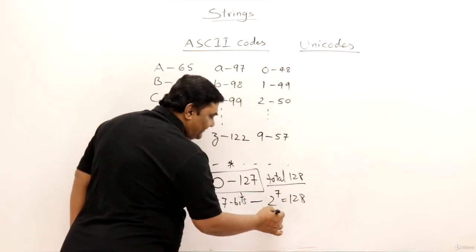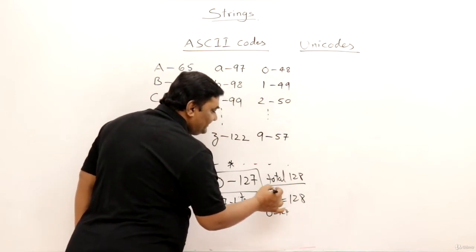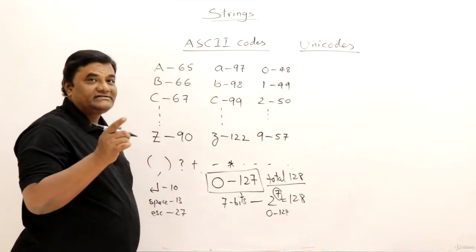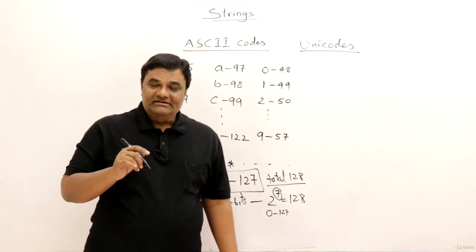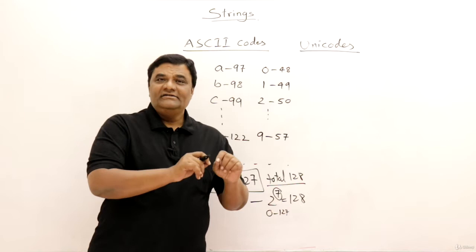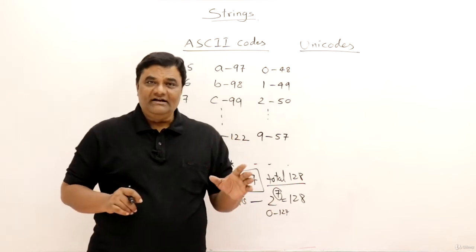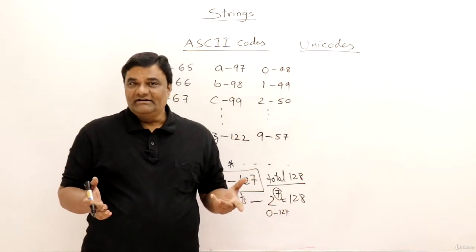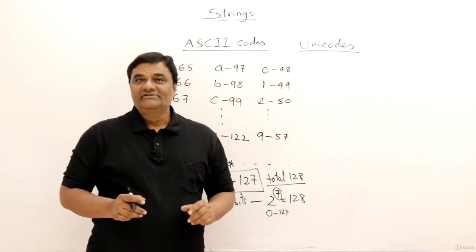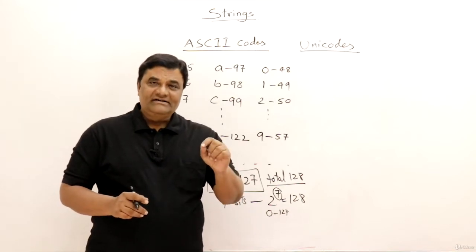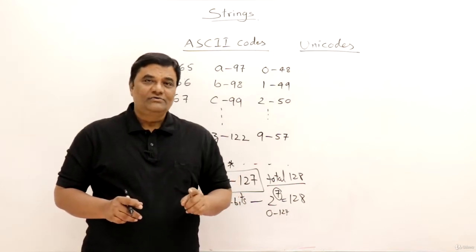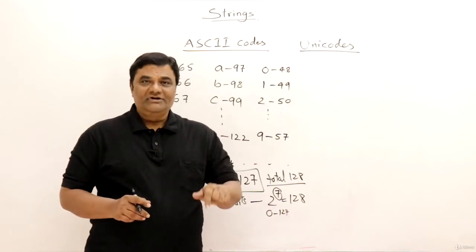So it ranges from 0 to 127. So only 7 bits are sufficient for ASCII codes. But while allocating memory in main memory, that is in the RAM, 7 bits are not allocated. Minimum 1 byte is allocated. So that's why a character, that is an ASCII code, is stored in 1 byte in computer memory.